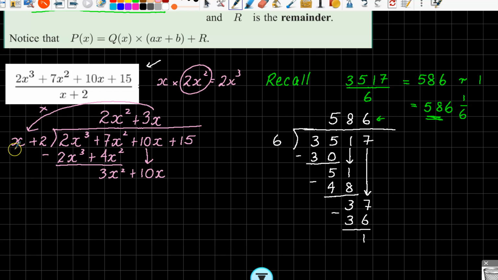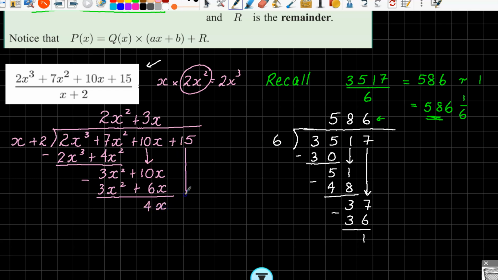So 3x times x is 3x squared, and 3x times 2 is 6x. And we are going to, like we did before, subtract. 3x squared, take 3x squared, no x squared. We're on the right track. 10x, take 6x is 4x.